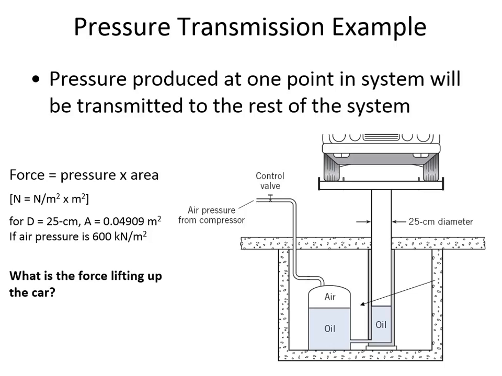So the force is pressure times area, and so that is 600,000 newtons per meter squared, and the cross-sectional area of that cylinder is 0.04909 square meters. That's 29,454 newtons. That's the weight of the car, and that corresponds to a mass of about 3,000 kilograms. Pretty heavy.